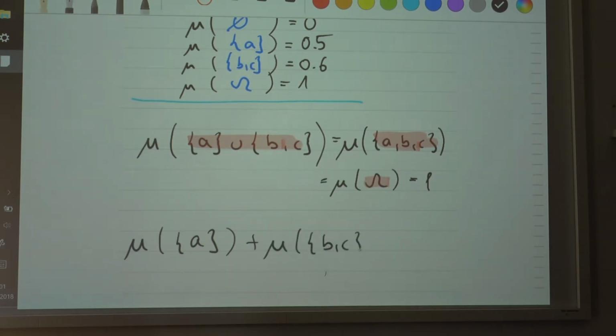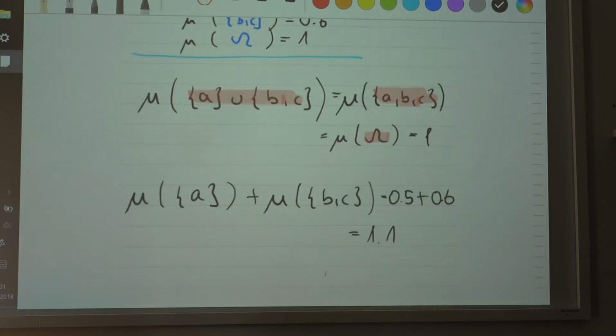What's the image of the first one? The image of the first one is 0.5. And the image of the second one is 0.6. And this is equal to 1.1, but it's not equal to 1.